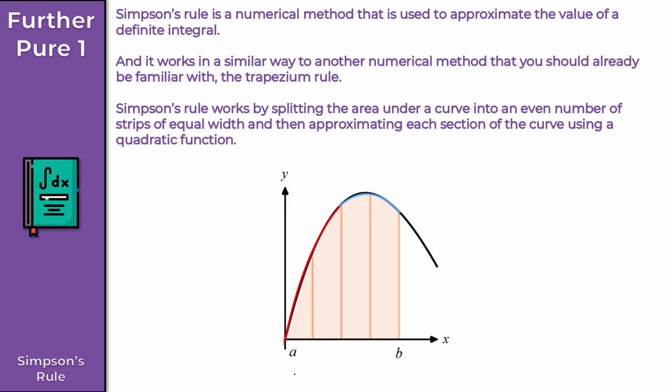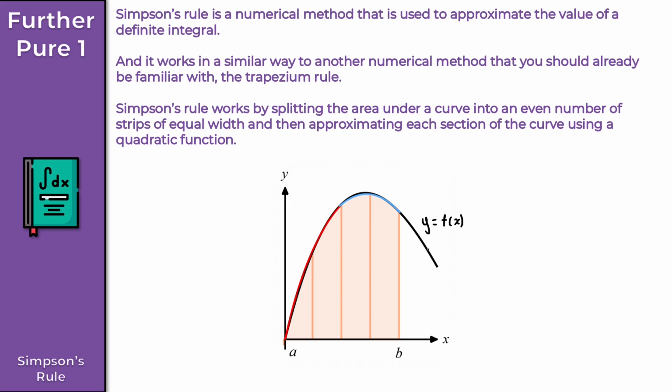Now, what I've also included here is this diagram, and I'm hoping that this diagram will help illustrate the concept of Simpson's rule and why we can use Simpson's rule to approximate the value of a definite integral. So to begin with, as we can see, we have this curve here. I'm going to label this curve as y equals f of x.